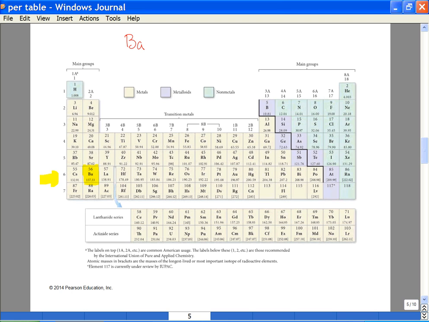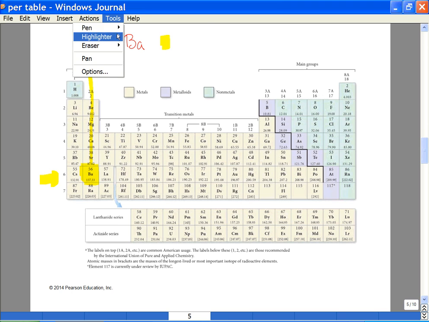So therefore, since the highest filled orbital is the 6s2 block, the number of valence electrons in barium is 1, 2.